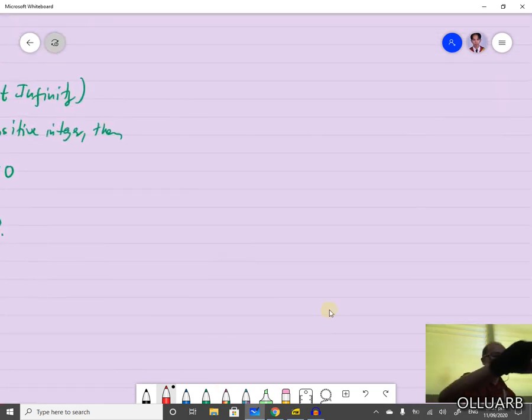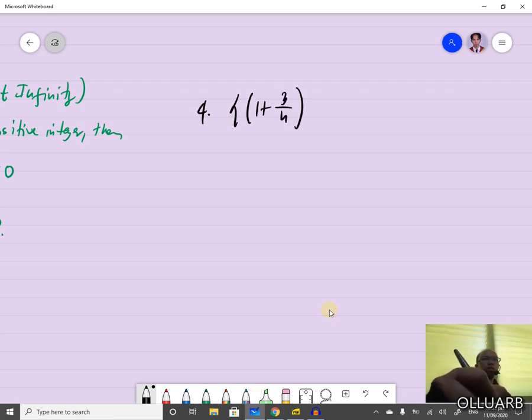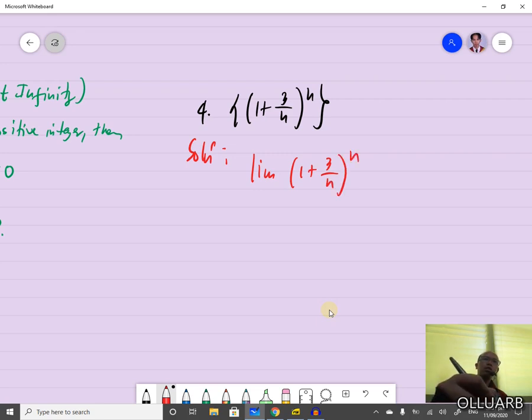So how about number 4, the last problem? What is the limit of this sequence, 1 plus 3 over n, to the n, as n approaches infinity?